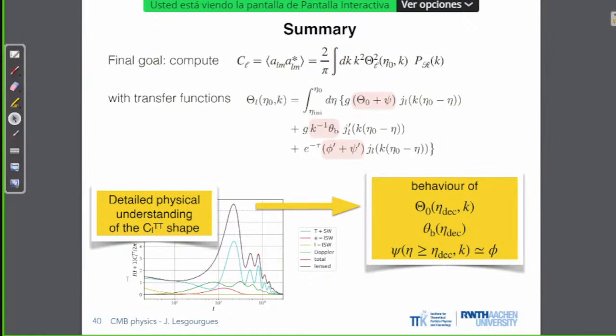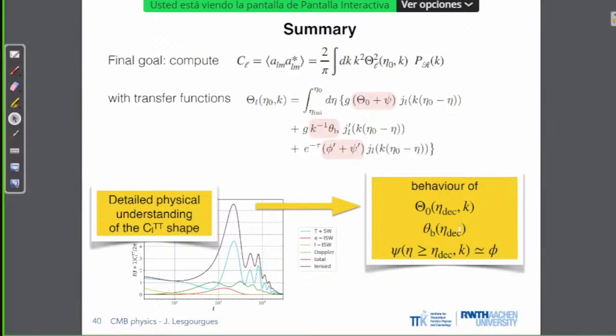So our last task is now to understand what is the dependence of theta_0 on wave number at decoupling, what is the dependence of theta_b as a function of wave number k at decoupling, and what is the behavior of the metric fluctuations at decoupling, but also at all times after decoupling.